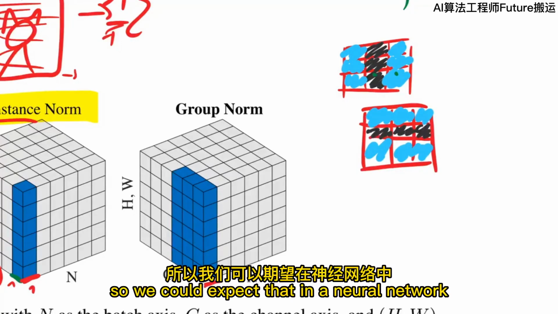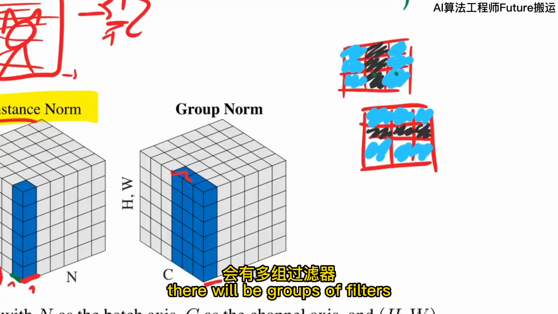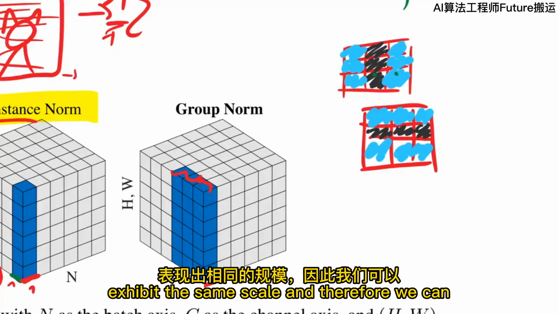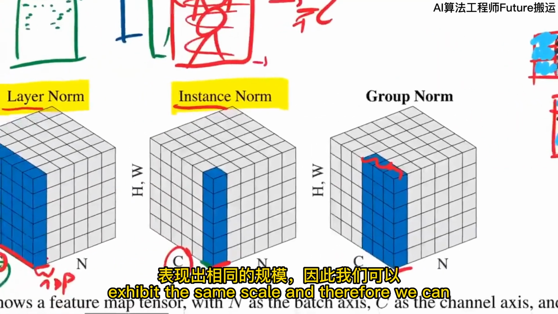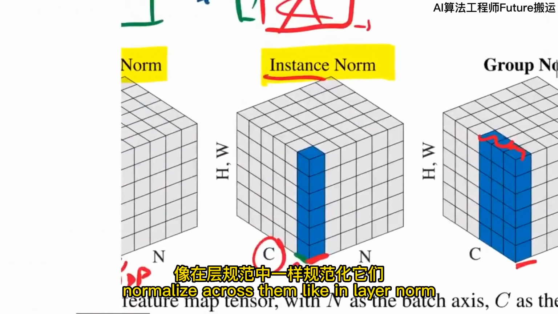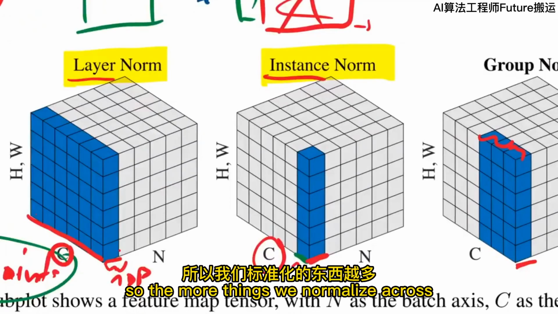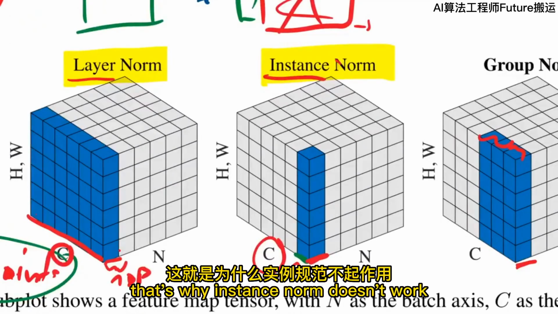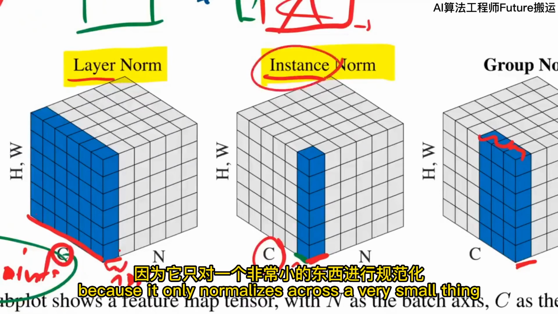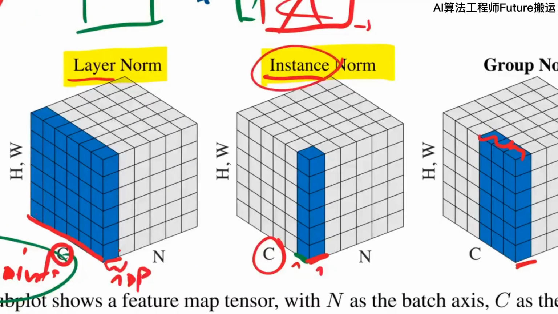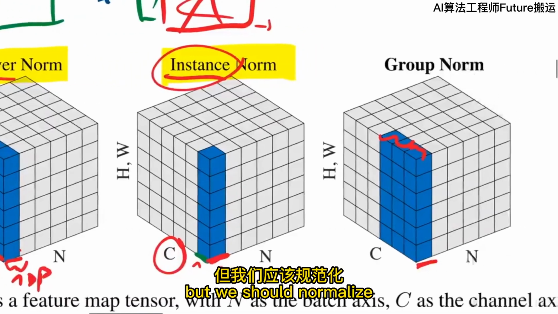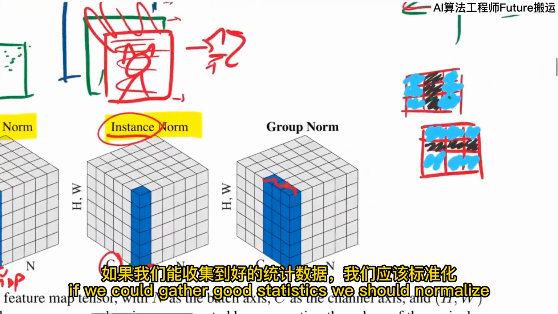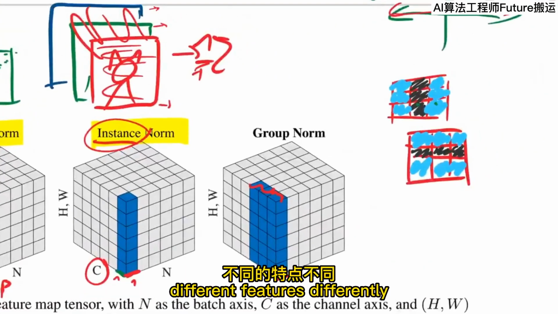So we could expect that in a neural network, there will be groups of filters that together exhibit the same scale, and therefore we can normalize across them like in layer norm. So the more things we normalize across, the better statistics we can gather. That's why instance norm doesn't work, because it only normalizes across a very small thing, getting very little statistics. But if we could gather good statistics, we should normalize different features differently.